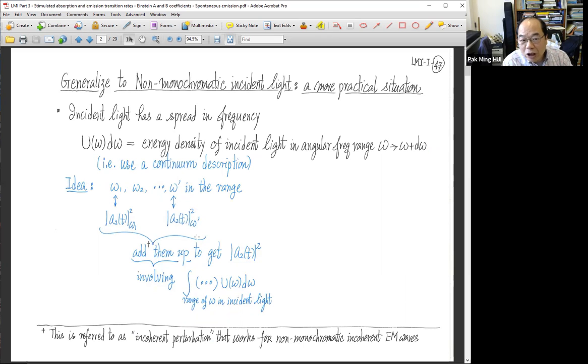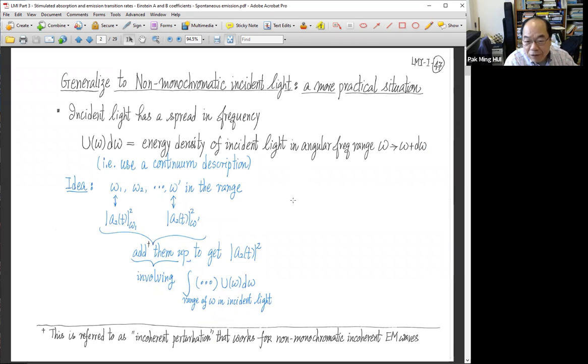Because I would like to generalize it to the more usual situation in which the incident light is not carrying only a single frequency. Usually the incident light has a narrow band of incident frequency.